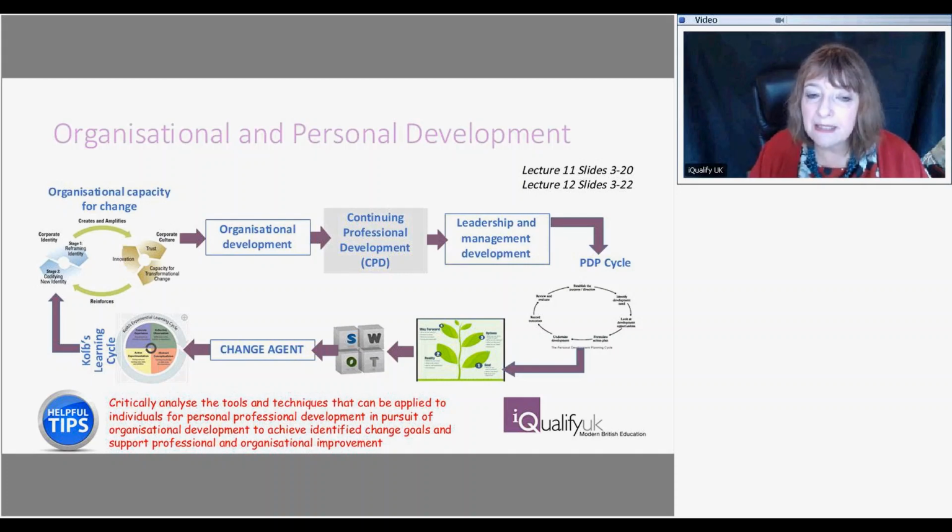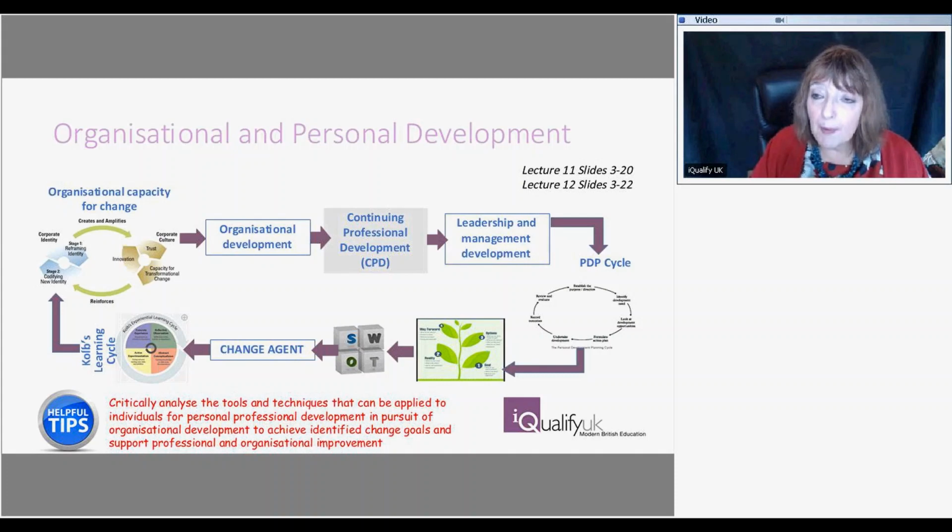Having completed a SWOT analysis, there is a very fine line between just completing one part and then moving on to the next. So the change agent is the person who manages that particular process. And we can see an imperative for having a change agent.